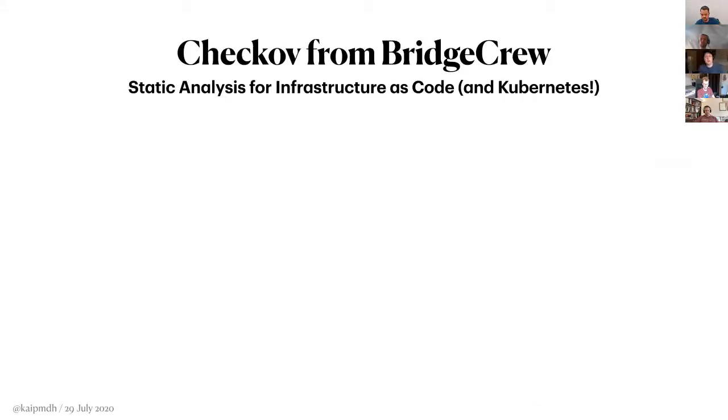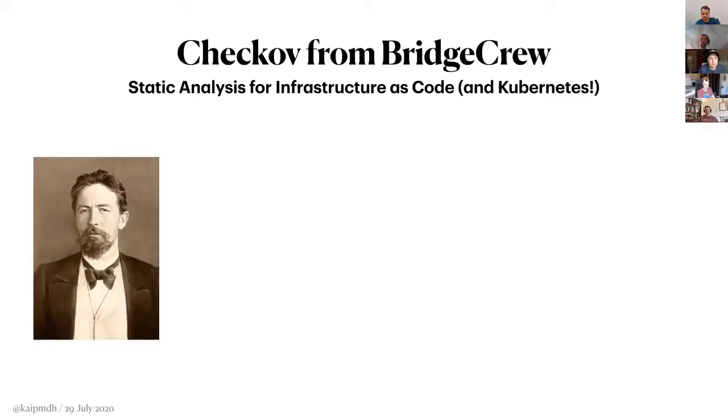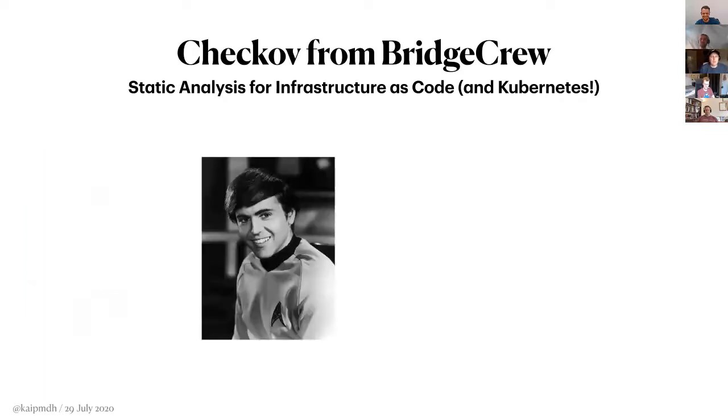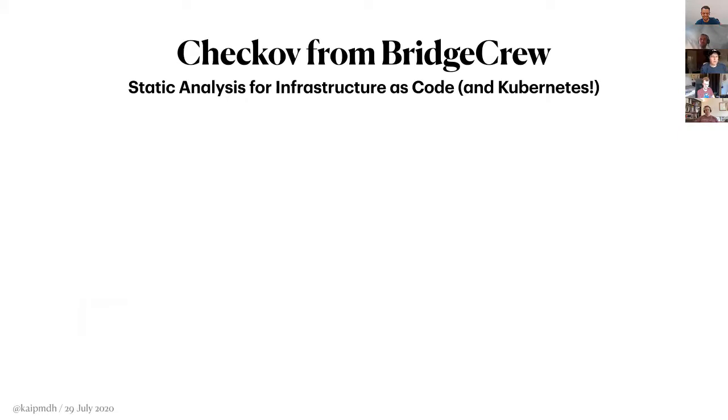For this presentation, I'm going to use Checkov from BridgeCrew. So what's Checkov? Not that guy, that's Chekhov, the author. And that's Pavel Chekov from Star Trek. We don't need him either, sorry. What we need is this.